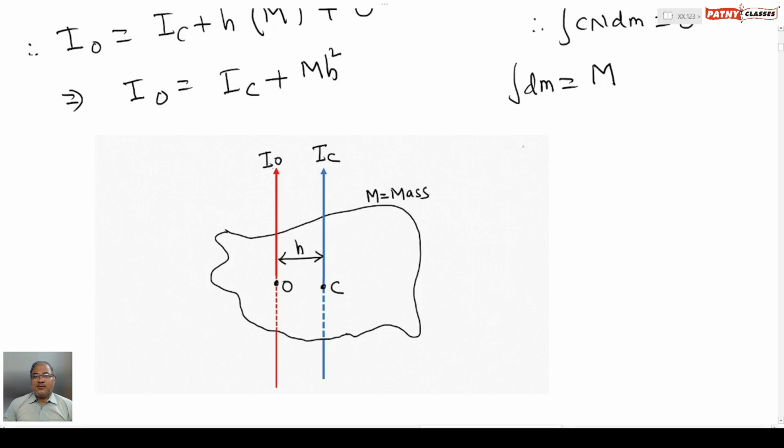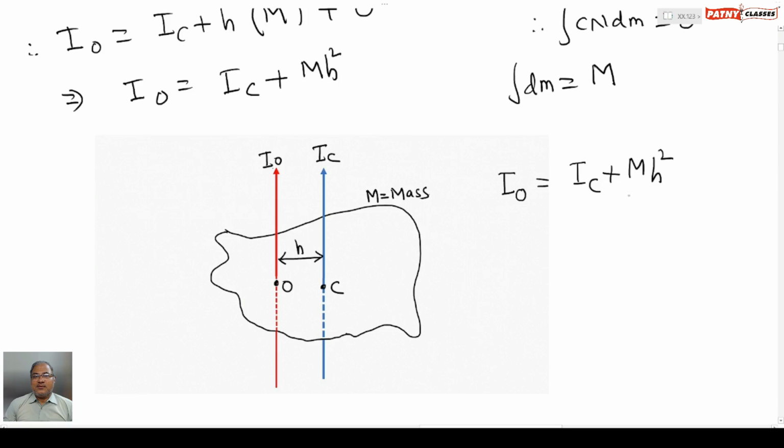Now let us summarize the point. We have two axes parallel to each other, and we want to find the moment of inertia of the body about the axis passing through the point O. We want to find I naught, and we know the moment of inertia about the axis passing through the center of mass, that is IC, we know the mass of the body, and we know the distance between the two parallel axes.